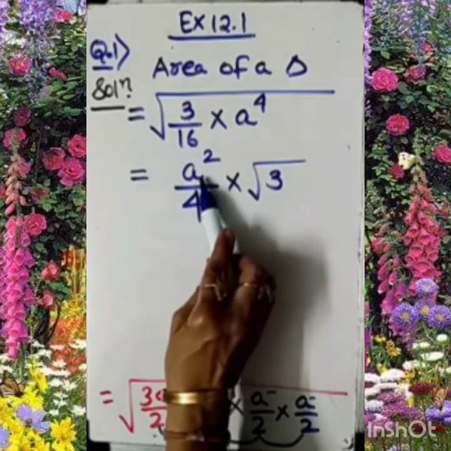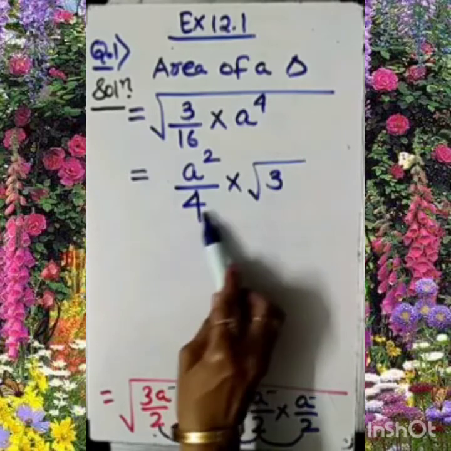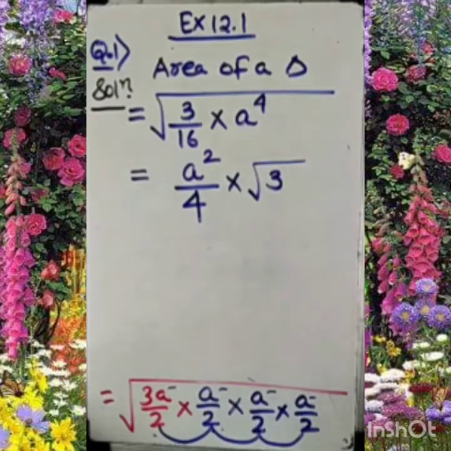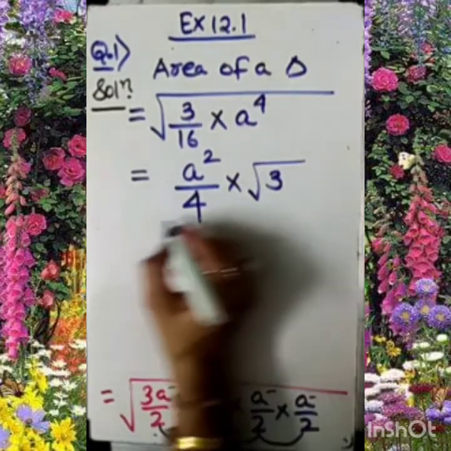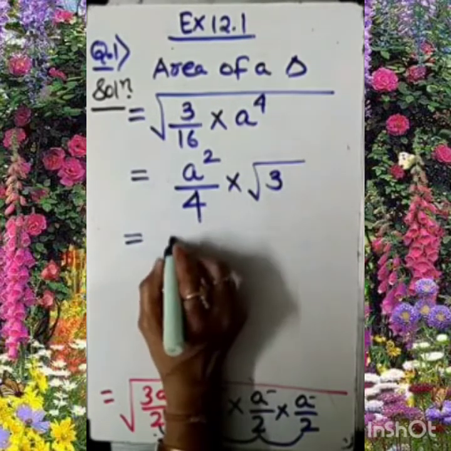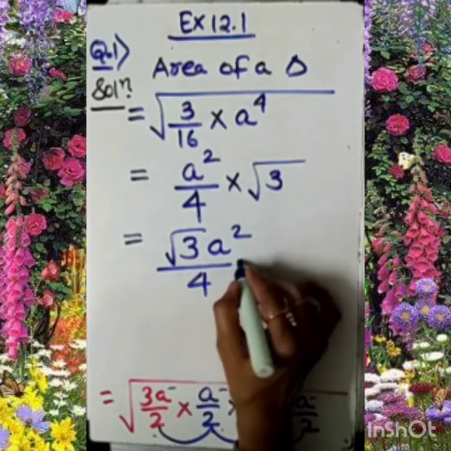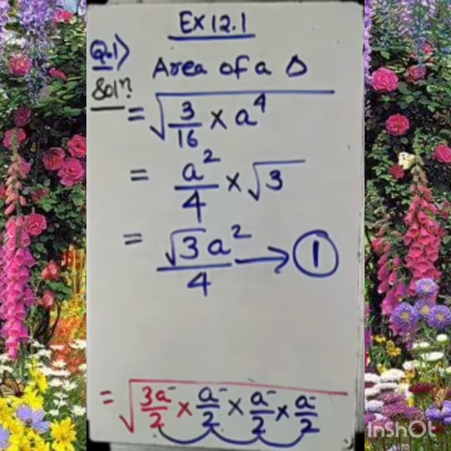So the answer is area of a triangle equals a squared by 4 into root 3. This is the area of an equilateral triangle. Please note down root 3 a squared by 4. Let me call this result number 1.